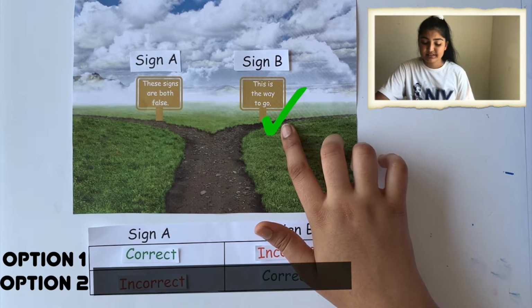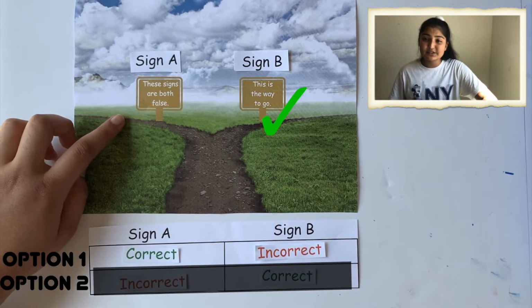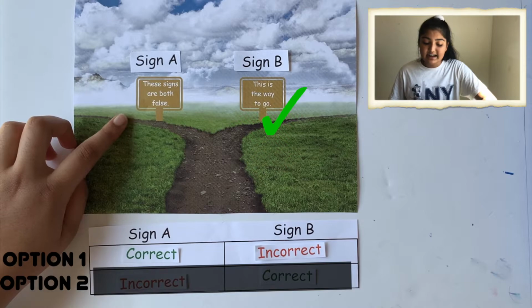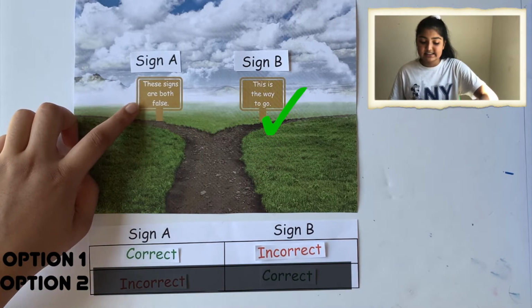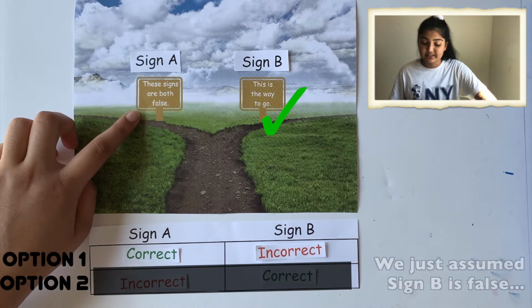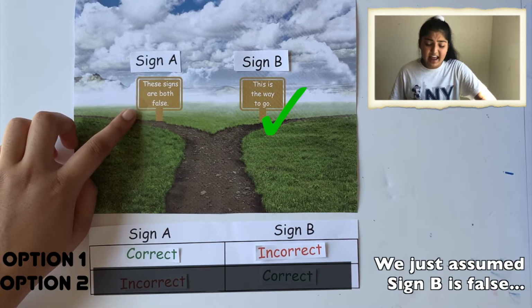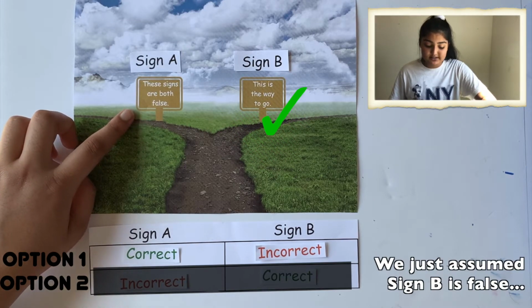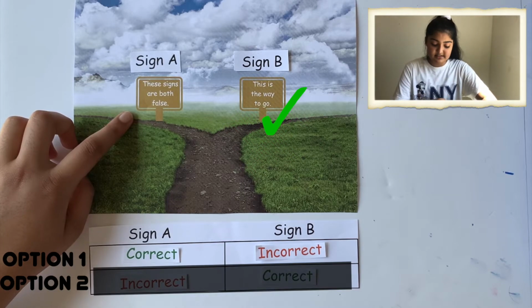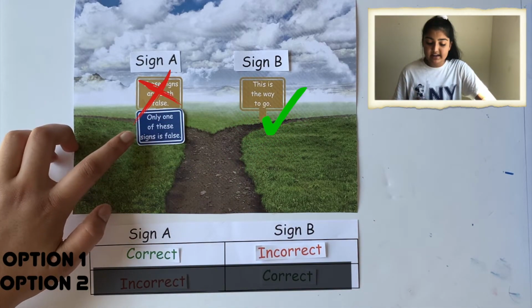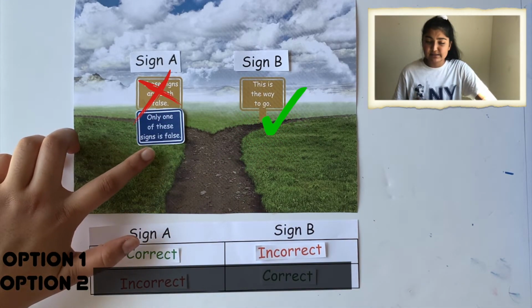But let's look back at sign A. Sign A says these signs are both false. So if sign A is also false, that means only one of these signs is false.